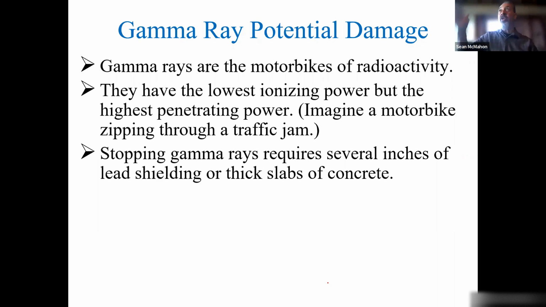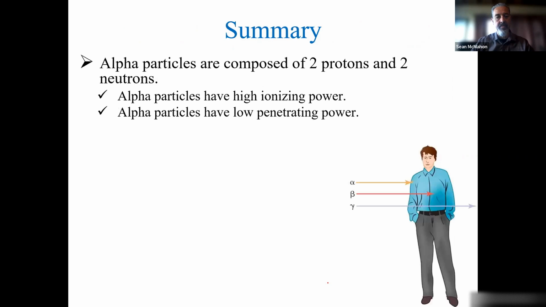We measure gamma rays, and we also measure radio waves and things like that, but gamma rays, because they have really short wavelengths, can travel long distances. But how do you stop gamma rays? Well, you need some really dense material like lead or concrete.